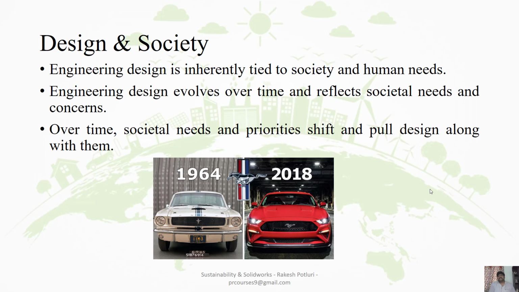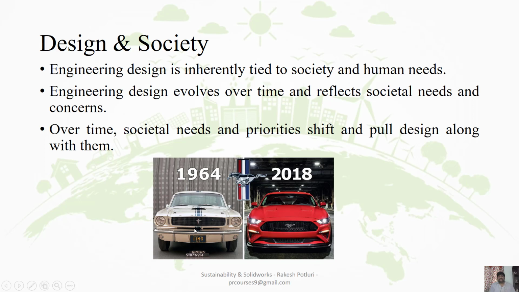Engineering design is always inherently tied to society and its needs, and it also develops over time, because as society's perspective, needs and priorities shift, the design of the product also evolves over time. A basic example here is the Ford Mustang, which was designed in 1964, and this is the 2018 Ford Mustang.